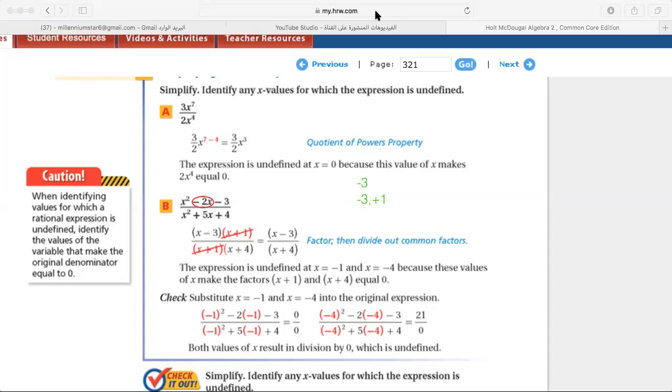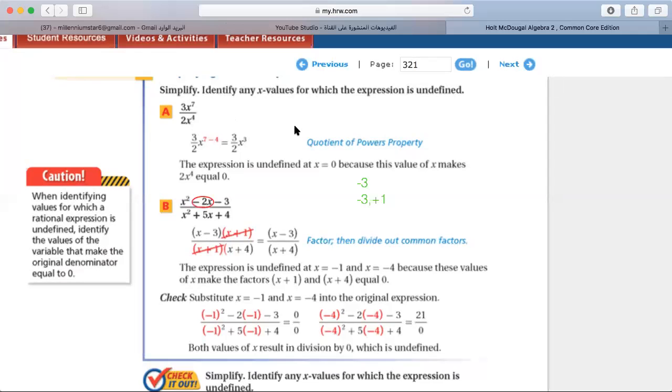So now I'm going to factor x minus 3 and x plus 1, and in the denominator I'm going to repeat the same steps.